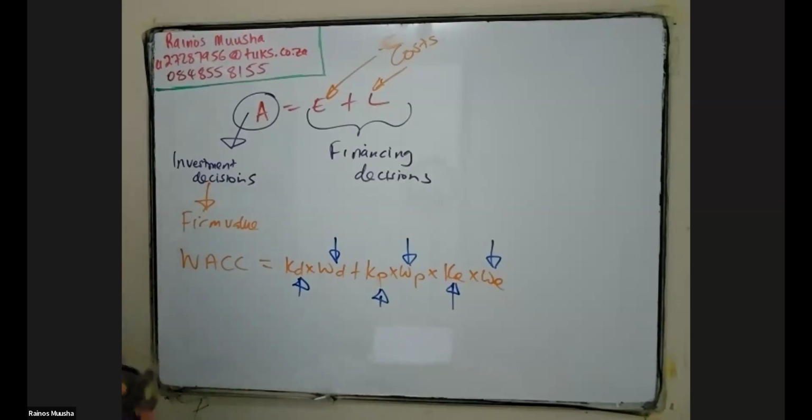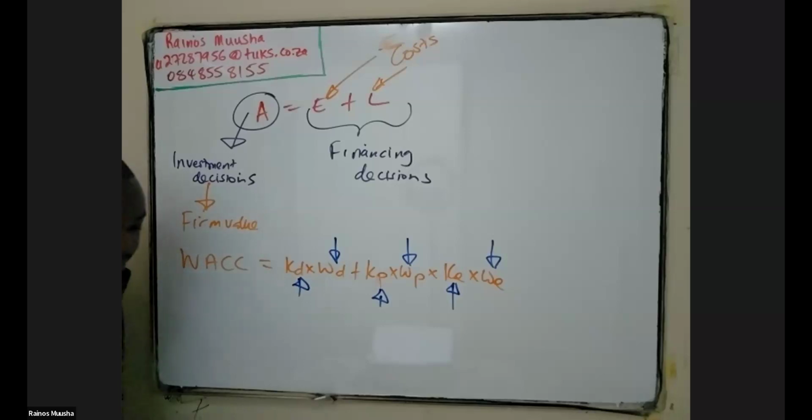The lecturer mashes them up together into one question. And sometimes they even link it with capital budgeting as well, where you end up assessing whether we should invest in this particular project or not.